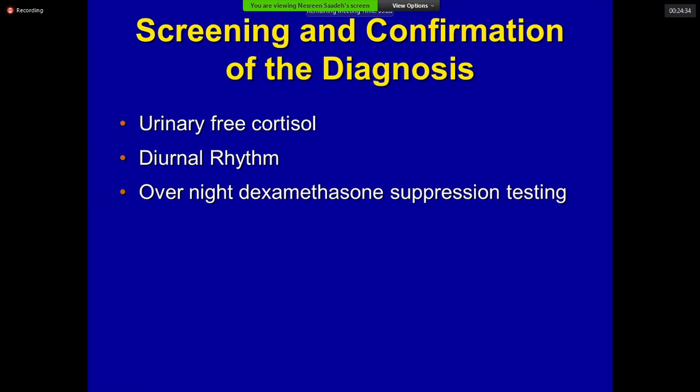That's because the exogenous steroids, the dexamethasone which we have given, have suppressed the axis, which is the CRH and the ACTH, and hence it suppressed the cortisol level.